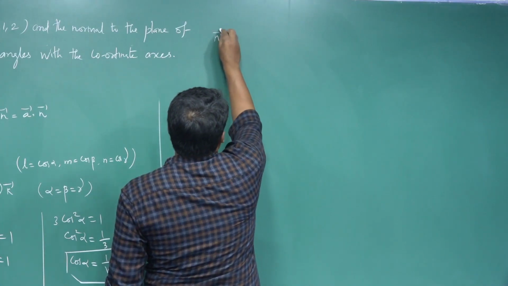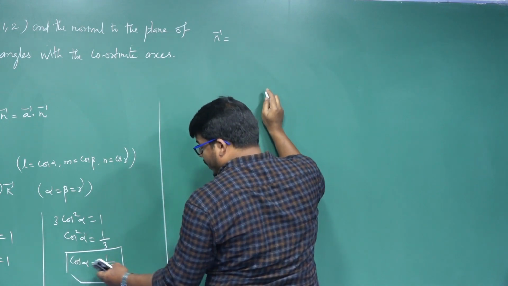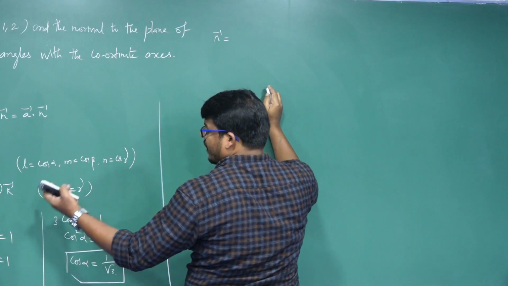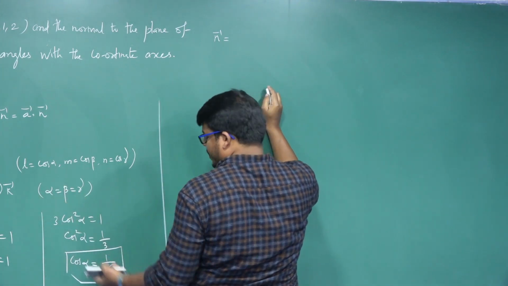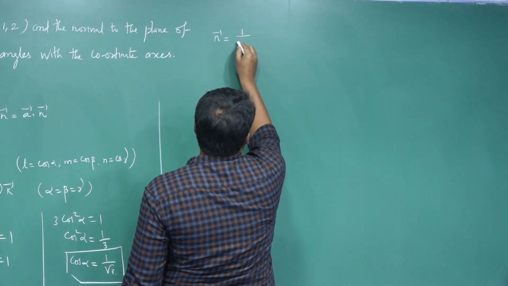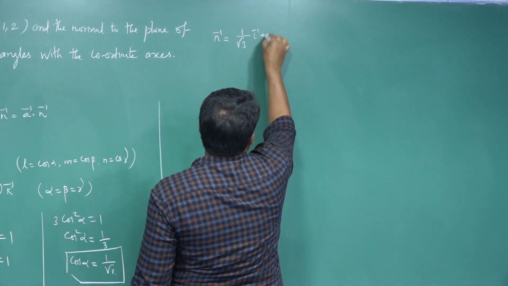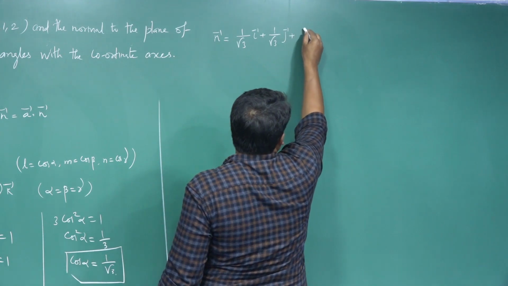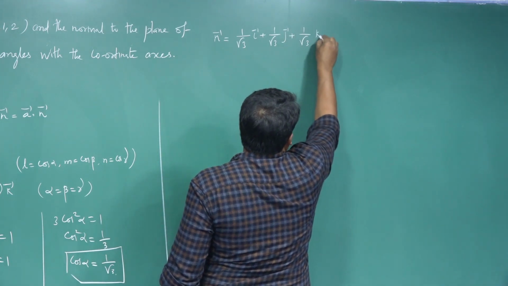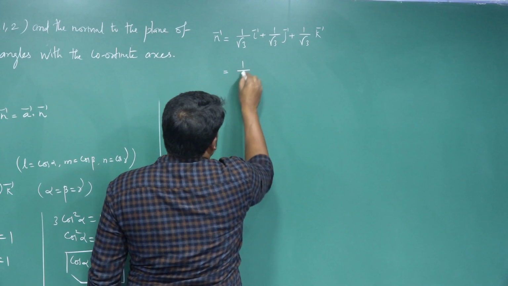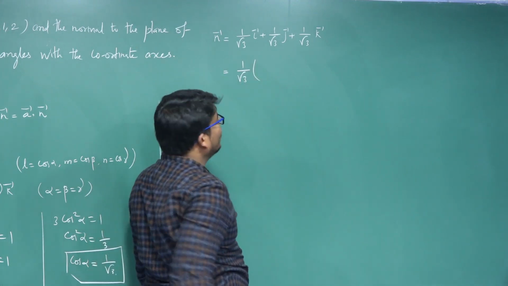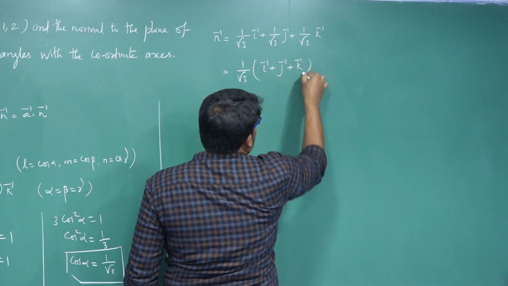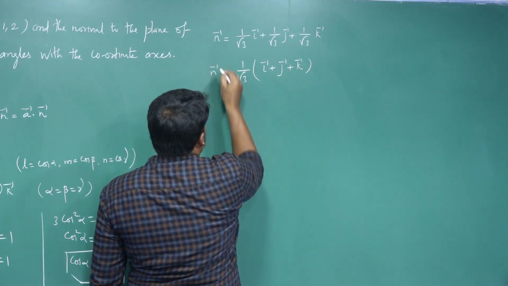Taking 1 by root 3 common outside, that is 1 by root 3 times i vector plus j vector plus k vector.